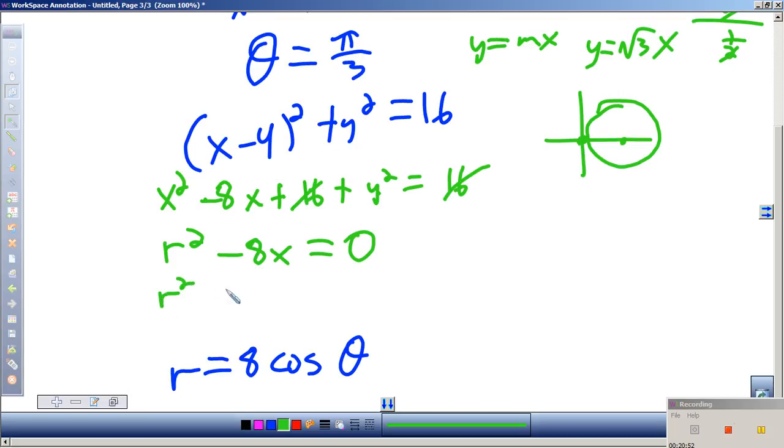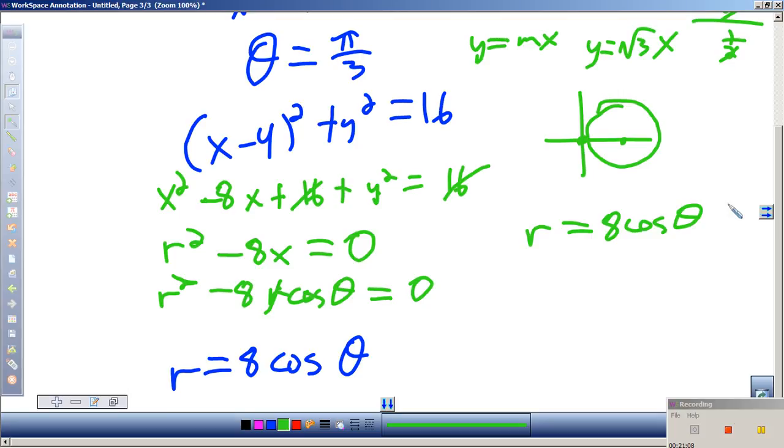So r squared minus 8r cosine theta equals 0. I have an r in each part, canceling. So r equals 8 cosine theta. So I need to go into reverse to change this back to that one.